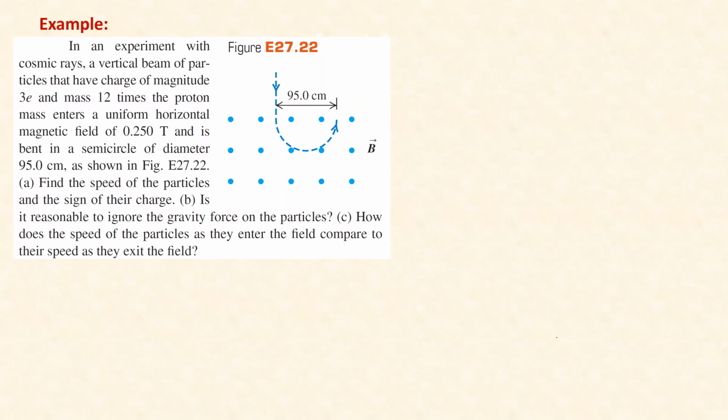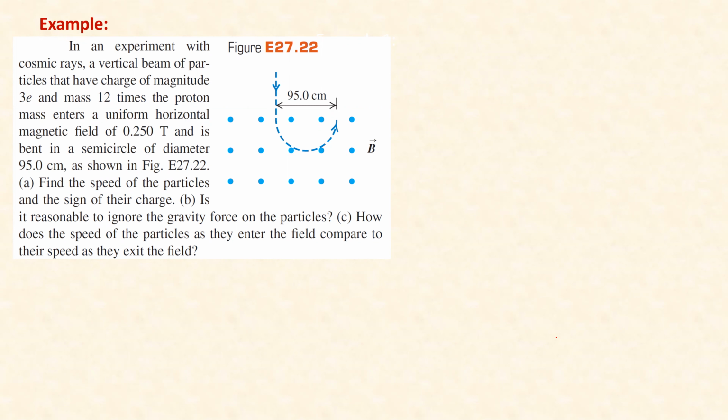In this example, it says, in an experiment with cosmic rays, the vertical beam of particles that have charge of magnitude 3e and mass of 12 times the proton mass enters a uniform horizontal magnetic field of 0.25 Tesla and is bent in a semicircle of diameter 95.0 centimeters, as shown in the figure.